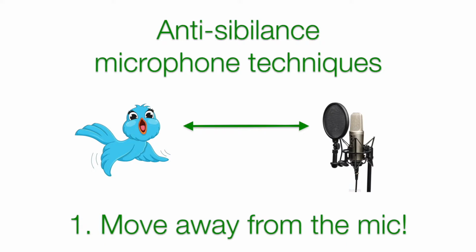and so it's also going to pick up all the annoying S and T sounds and all your diction, and you're going to hear your tongue lapping around as you sing or speak, and it's very annoying for the listener. So the first microphone tip is to step back. Put a bit more distance between you and the microphone and you're going to pick up less of that sibilance.